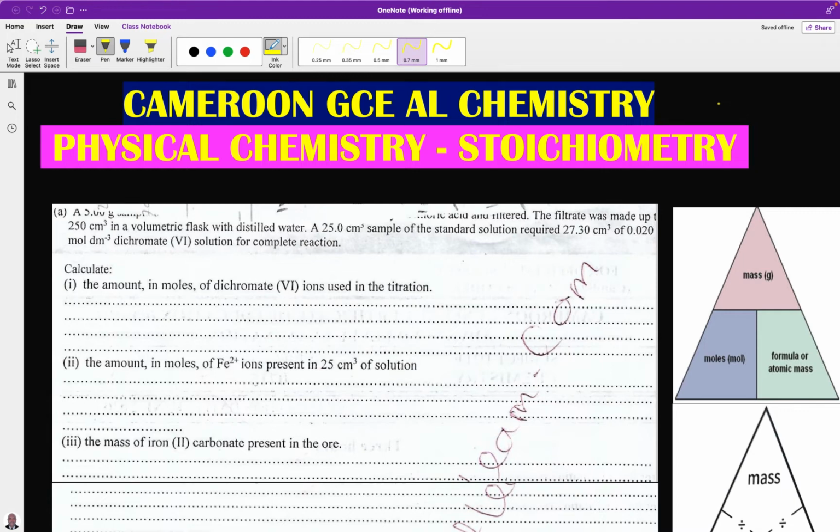The second part, the B part, is inorganic chemistry. And the third part, the C part, is organic chemistry. We've done B and C. Today, we will be covering the physical chemistry part, involving the mole concept and stoichiometry.